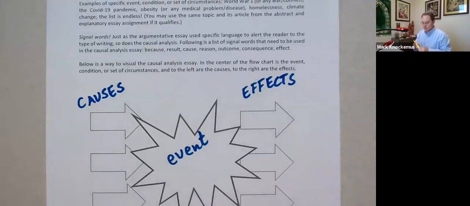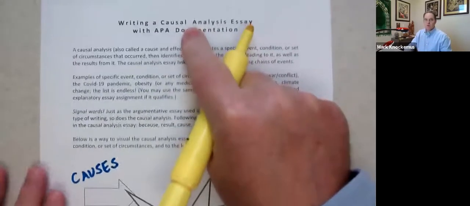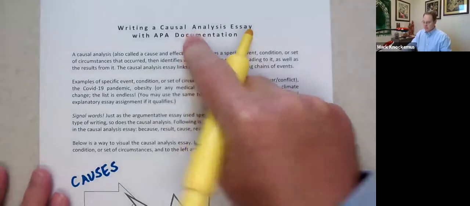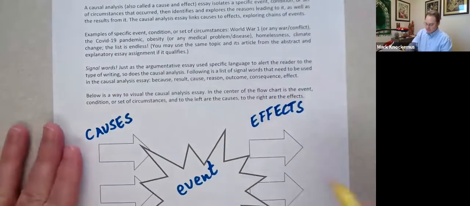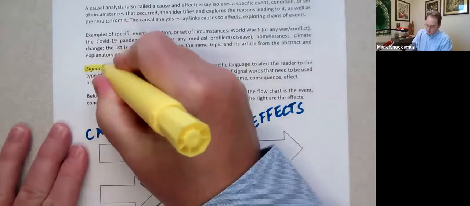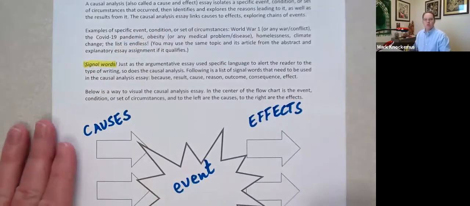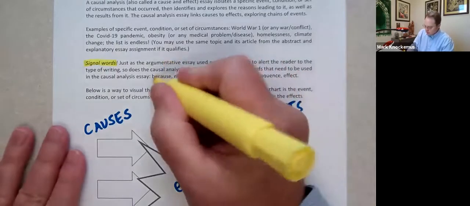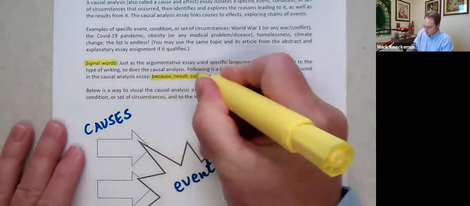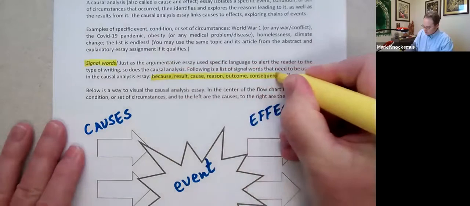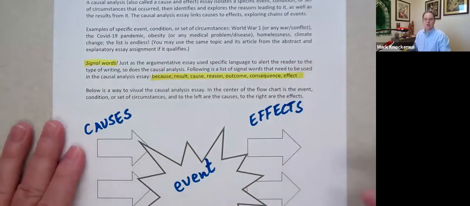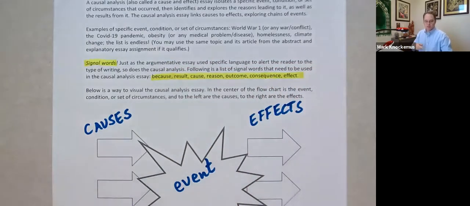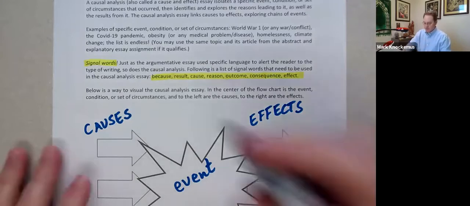In order to have a true causal analysis essay, we're going to have signal words that will alert the reader to the essay's purpose. You want to be sure that you're using these signal words throughout your paper: because, result, cause, reason, outcome, consequence, effect.